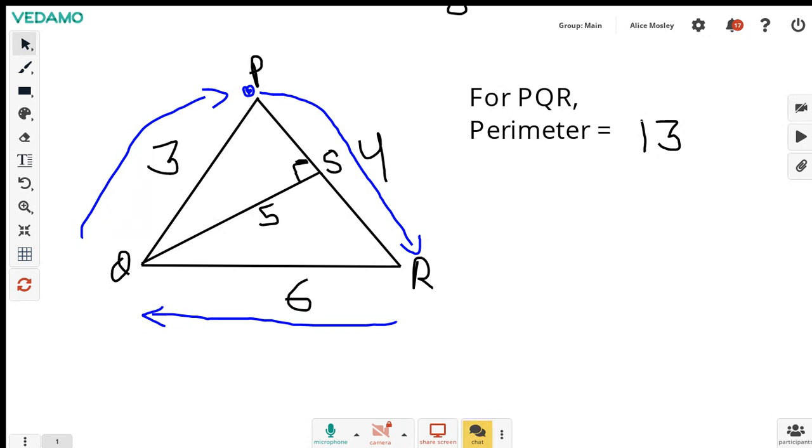Now, whenever you find a line in the triangle which is 90 degrees with any line, the line in a triangle which is 90 degrees with any side is the height. I can write this down for you.